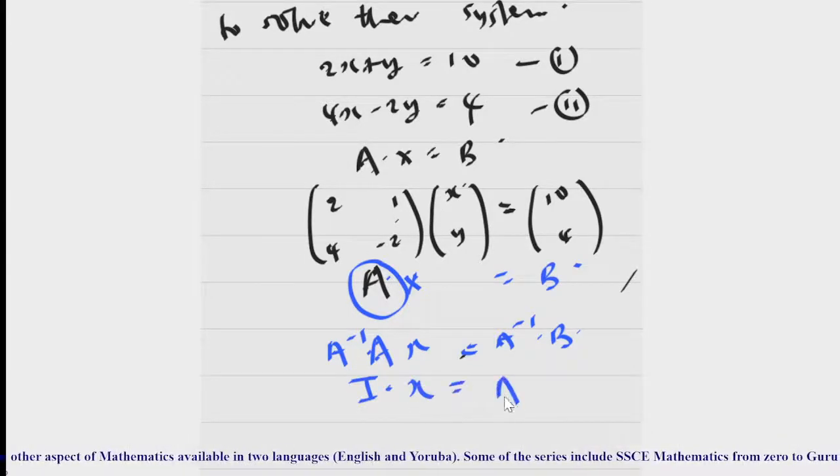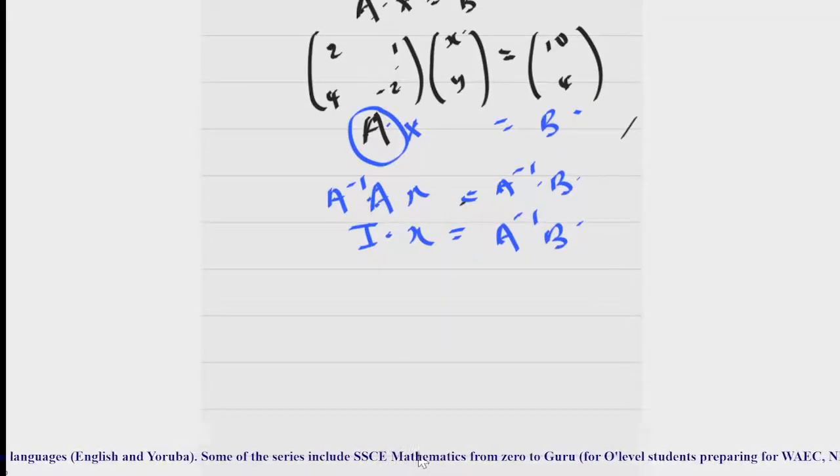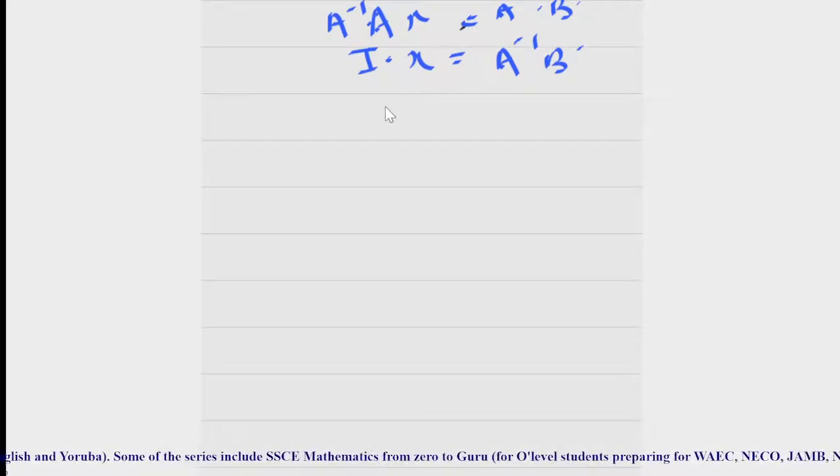IX is equal to A inverse B. And don't forget, if you multiply an identity matrix by a matrix, you are going to have the matrix again.